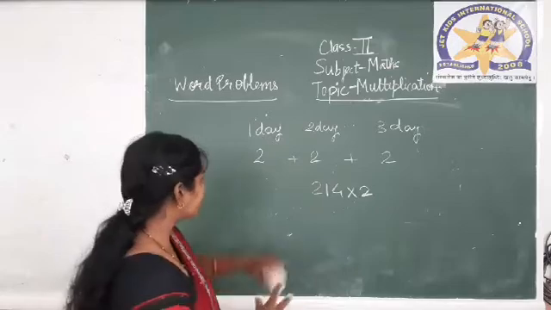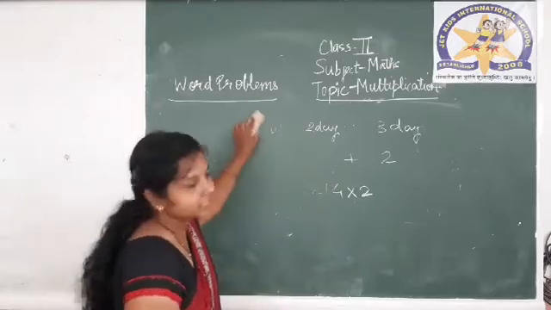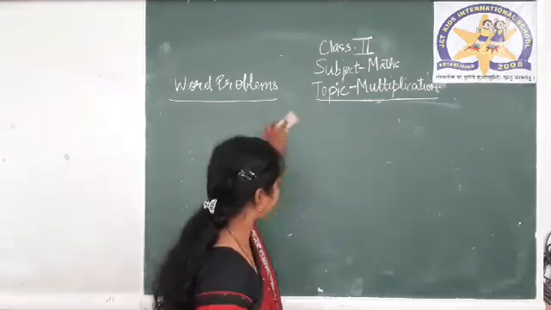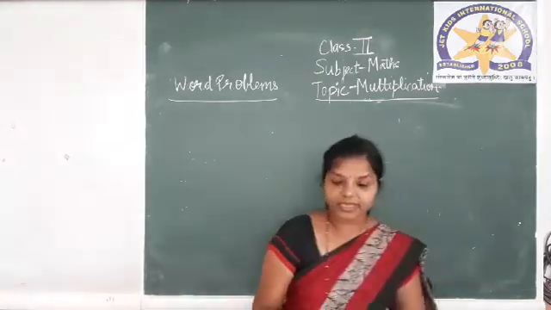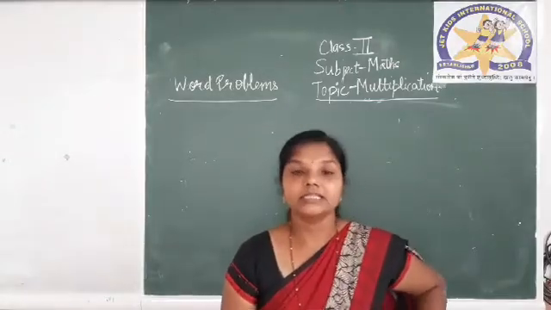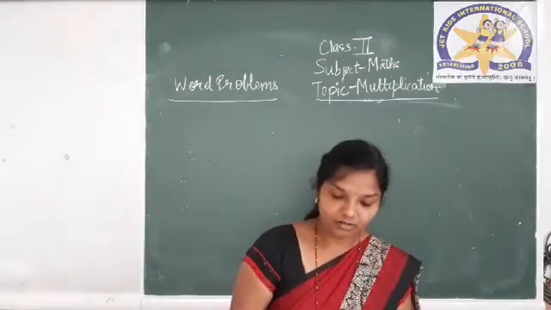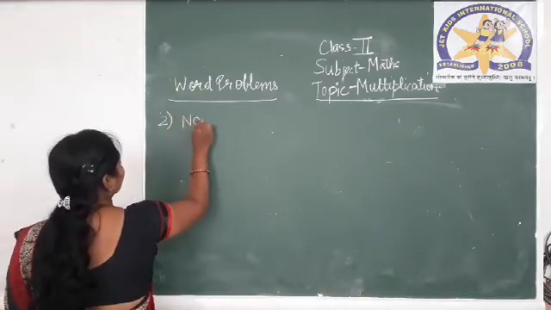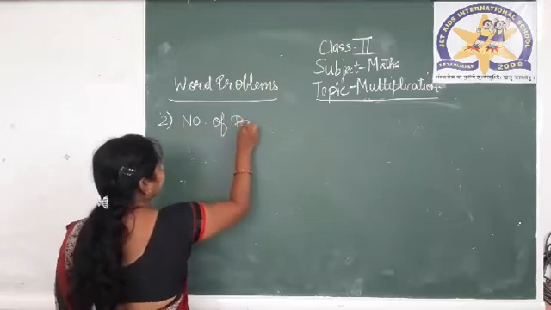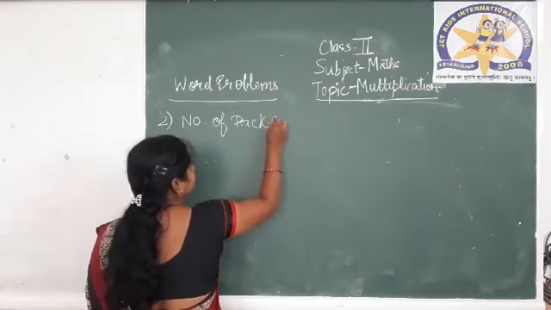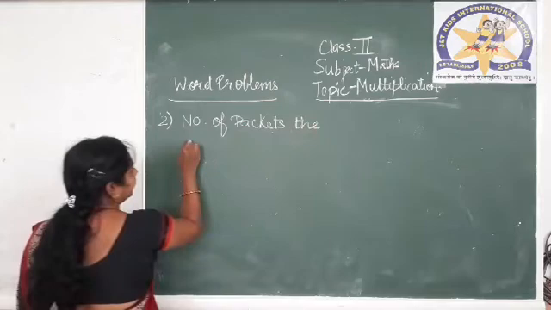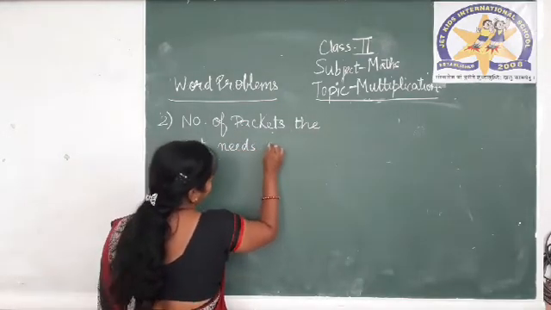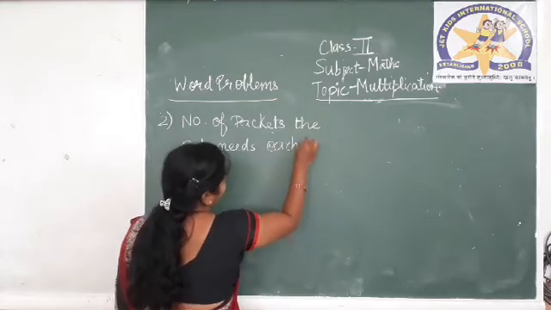Now when you are solving the word problems, again we have to write down the statements. So what will be the statement here? The first statement will be number of packets the cat needs each day or every day.